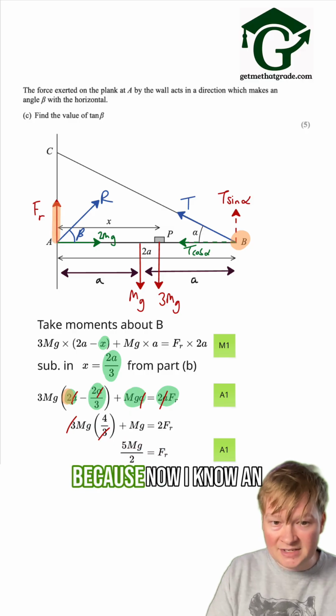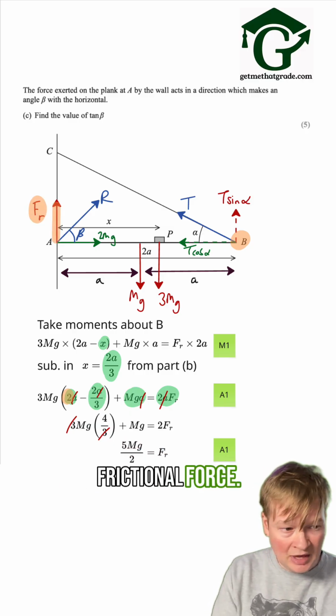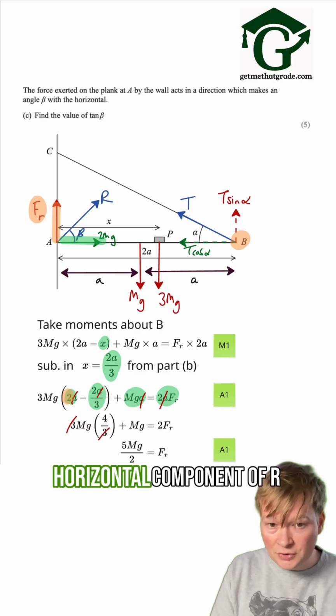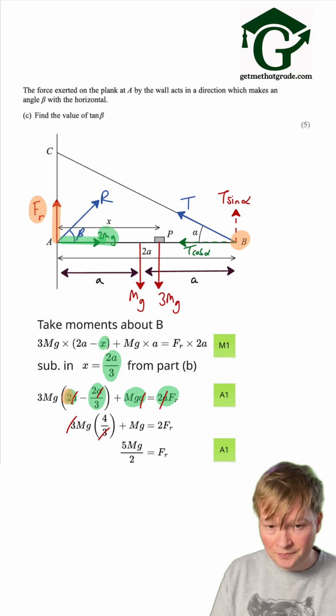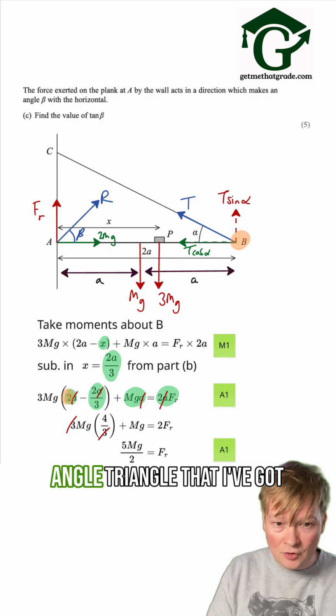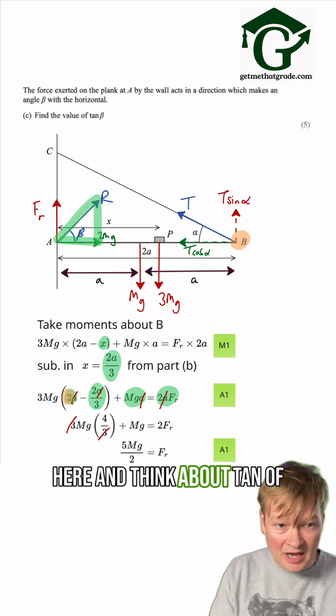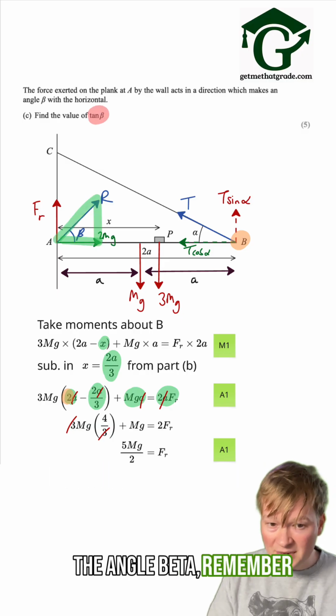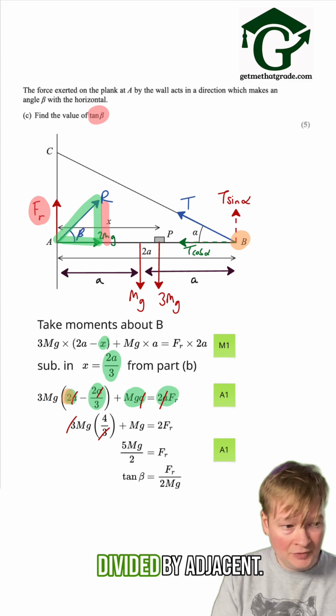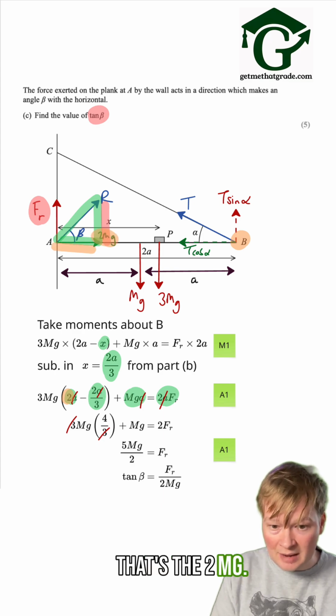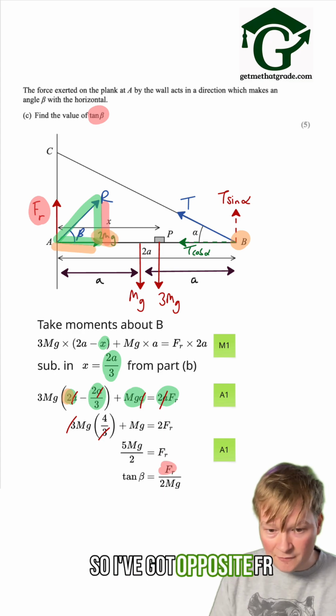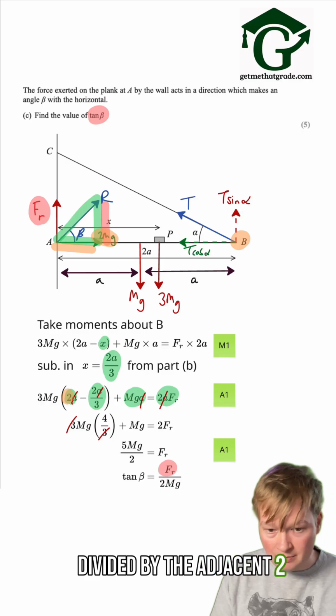That's really helpful because now I know an expression for this frictional force, and I also know that this horizontal component of R is 2 mg. So if I consider the right angle triangle that I've got here and think about tan of the angle beta, remember tan is opposite, that's FR, divided by adjacent, that's the 2 mg.